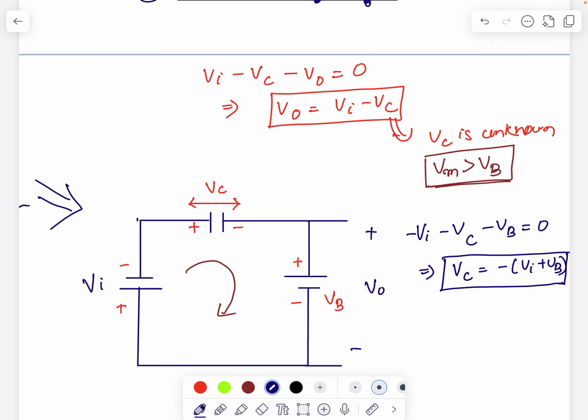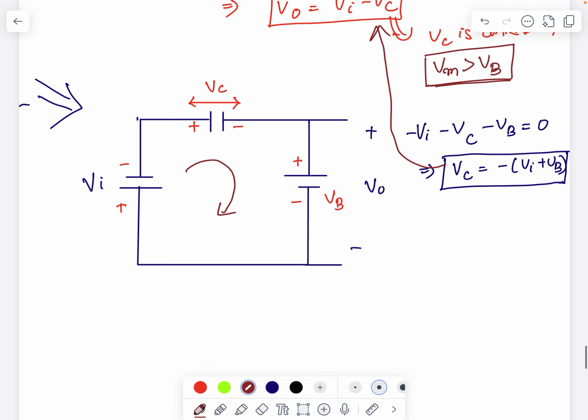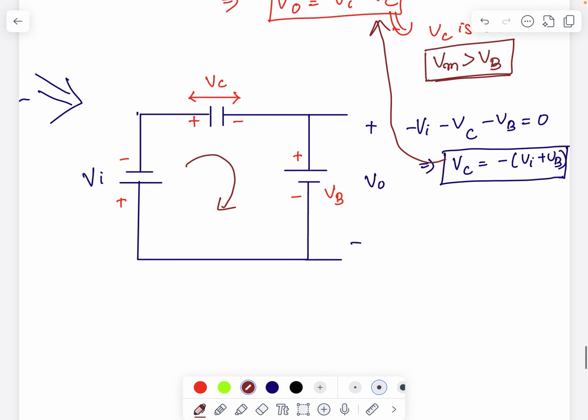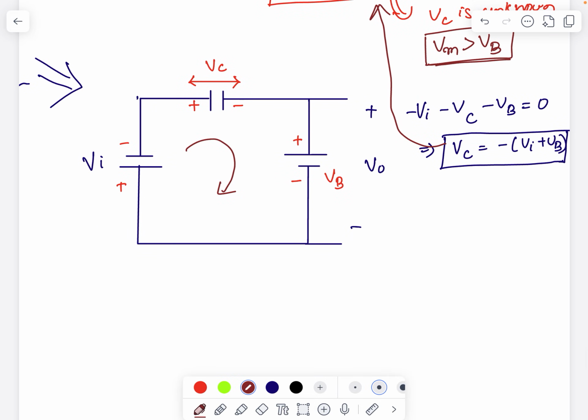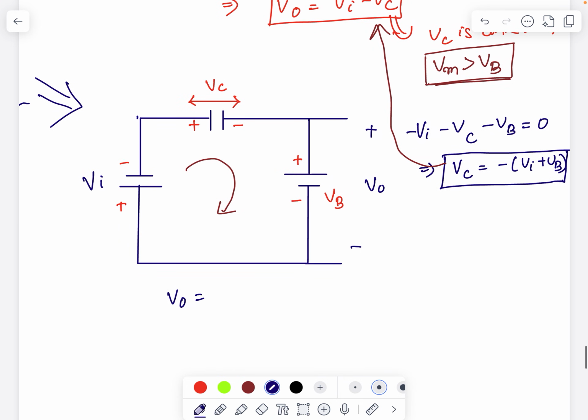I got it. So this capacitor voltage, I'll put it here. I'll get V0 equal to basically Vi minus Vc, where Vc is nothing but minus of Vi plus Vb.